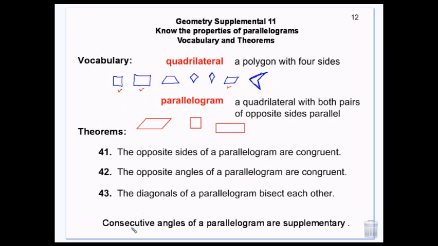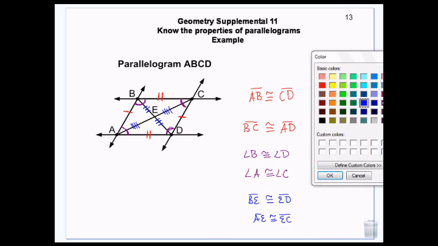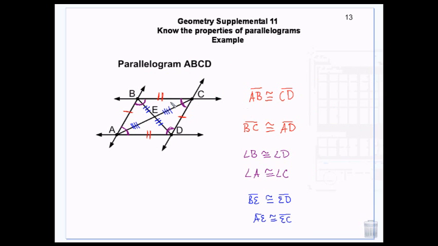And then the last little note on here, consecutive angles of a parallelogram are supplementary. I'm sorry, I marked that wrong. I should have 2 lines, not just 1, because these 2 are congruent and these 2 are congruent, but they're not congruent to each other. So if we talk about the angles again, consecutive angles, it's if you're going around the outside.